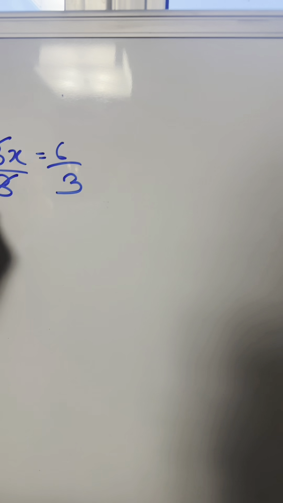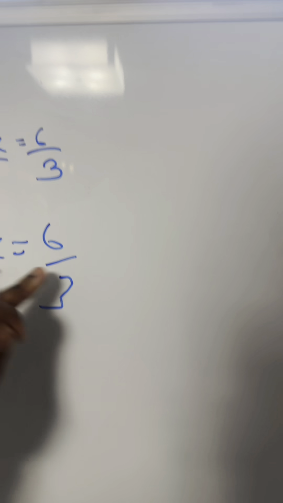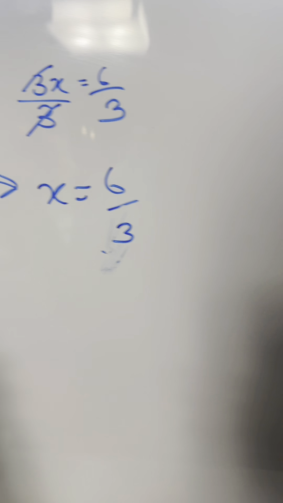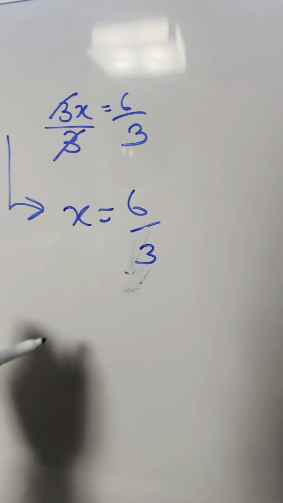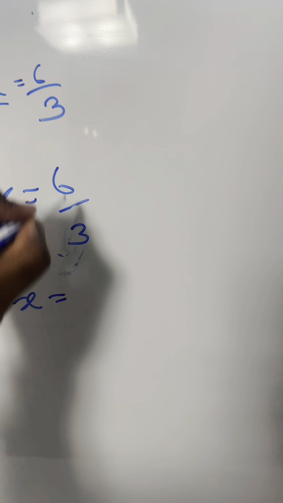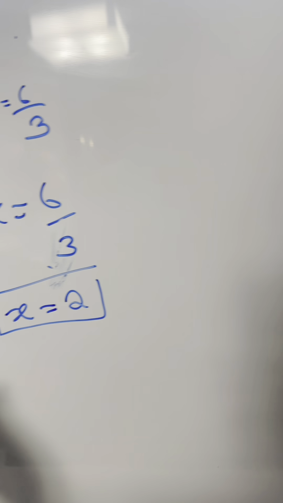The 3's cancel out, so you're left with x equals 6 over 3. And then 6 divided by 3 is 2. So x equals 6 over 3 essentially equals 2. This is your final answer.